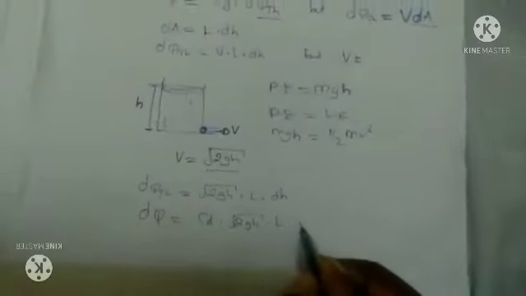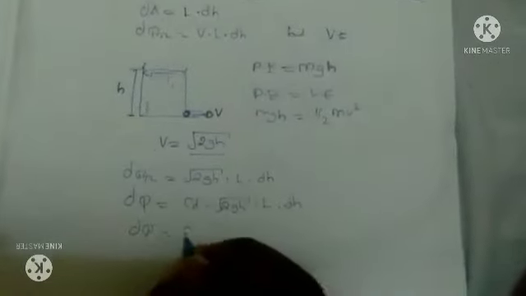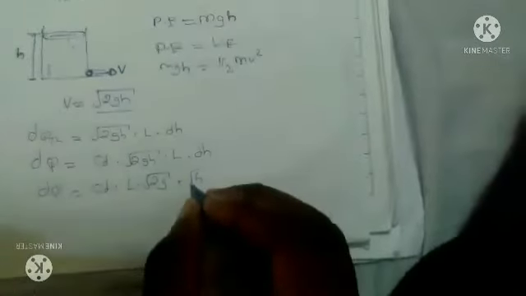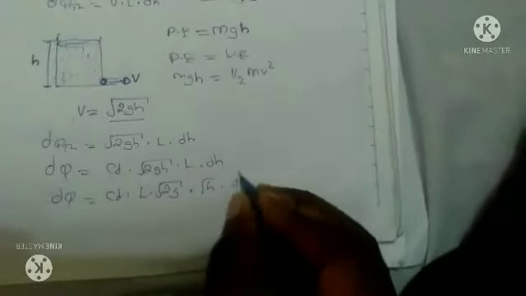Now to get the actual discharge, it will be Cd times dQ theoretical, which is equal to the square root of 2gh times L times dh. Then dQ will be Cd times L times the square root of 2g times the square root of h times dh.